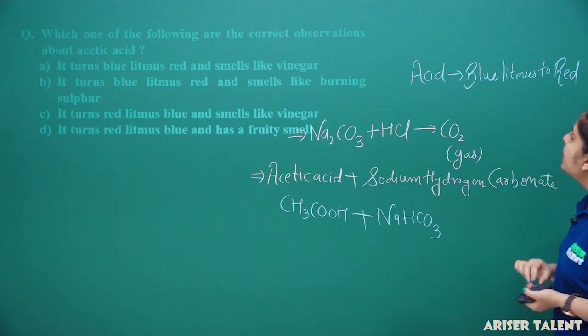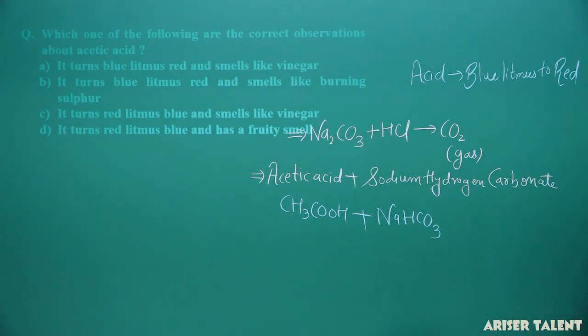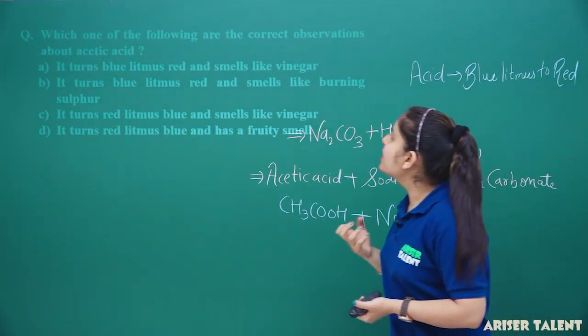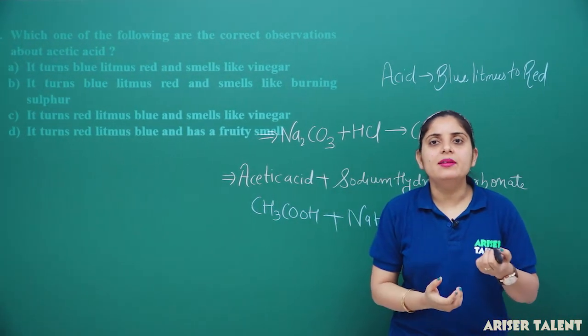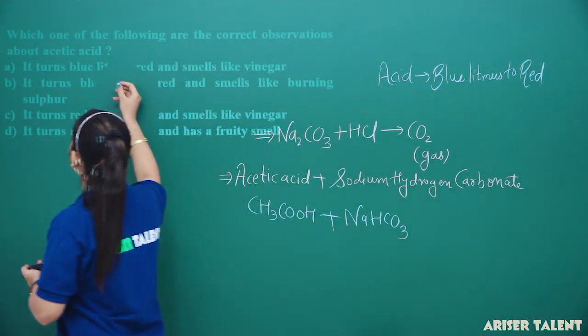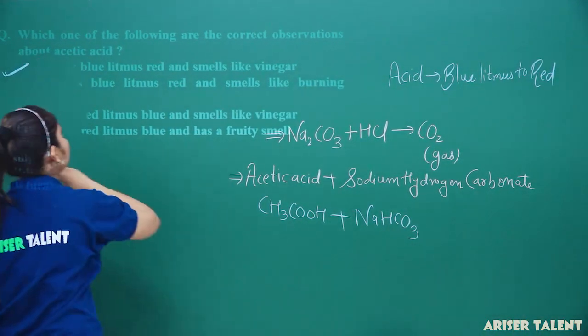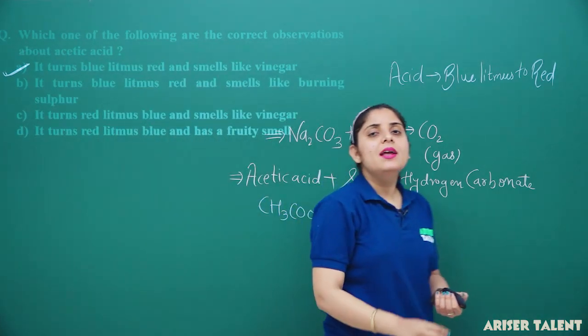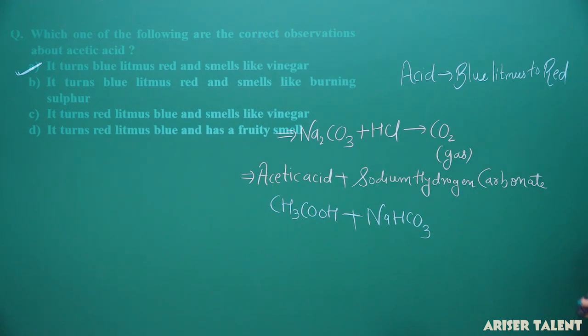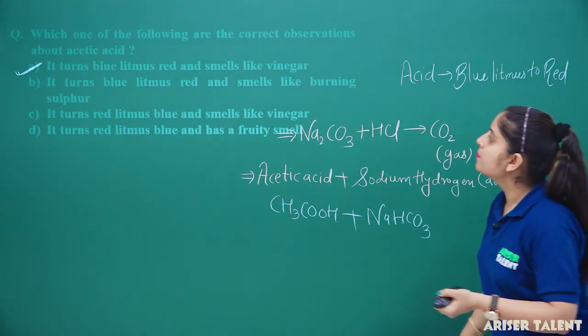Now blue litmus has been converted into red. It means this will be the acid, and acetic acid is basically vinegar, so it will smell like vinegar. So I guess option number 1 will be the correct match, that it turns blue litmus to red and has a smell like vinegar. Now we are proceeding to our next question.